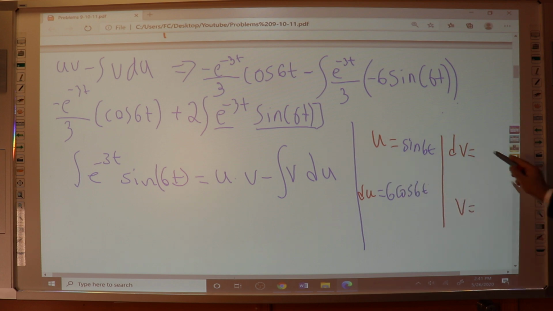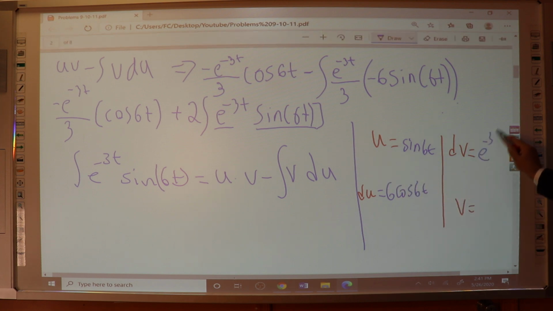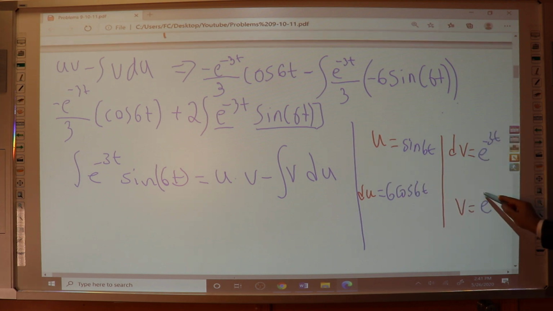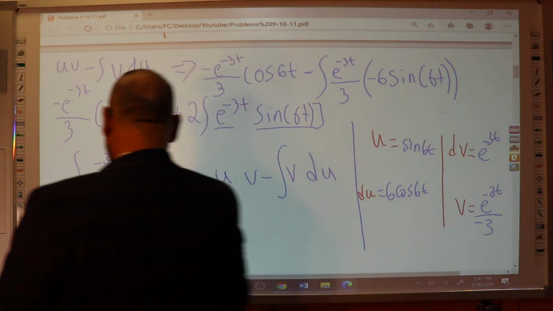It's e to the negative 3t. And v is the same thing: e to the negative 3t divided by negative 3, right?